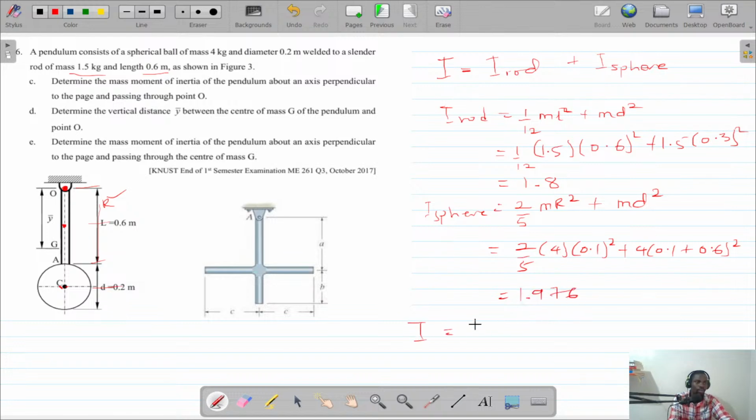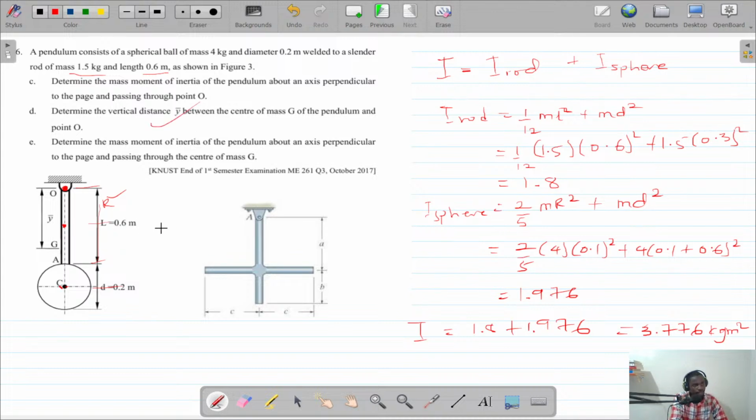So I will be equal to 1.8 plus 1.976, and that gives us 0.776 kilogram meter square.